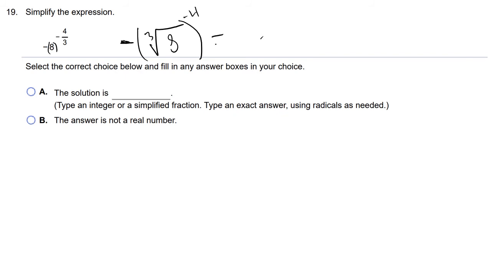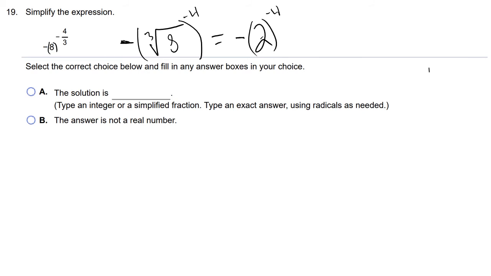Taking that one more step is to say, well, the cube root of 8, that comes out nicely. That's just going to be 2. I'm going to leave that negative in front, outside the parentheses, and I need to raise that to the -4th.